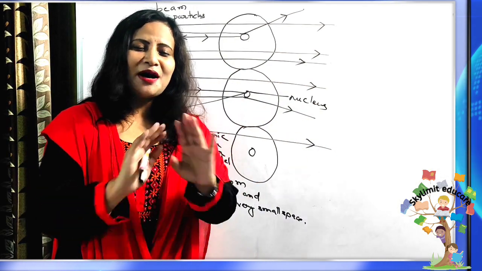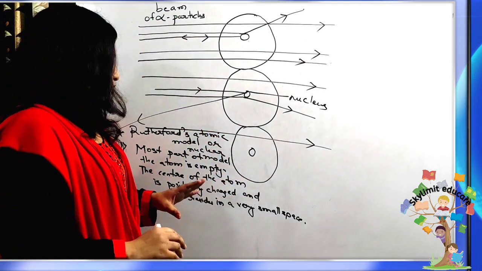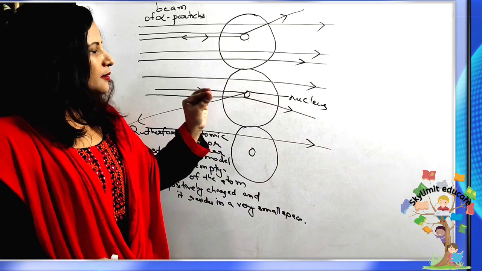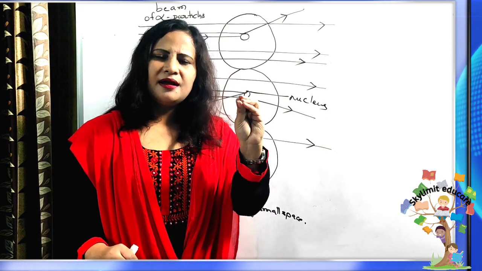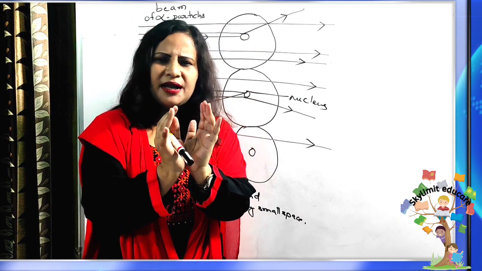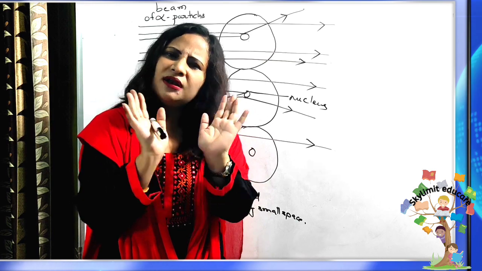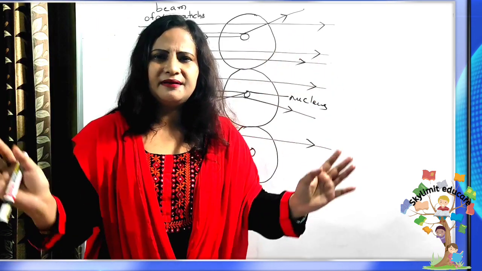students, remember that at that time there was no idea of neutrons, okay, don't forget that. So he concluded that the positive mass is located somewhere at the center of the atom, and it is confined to a very small region, that means it resides in a very small region, not in a very big region.